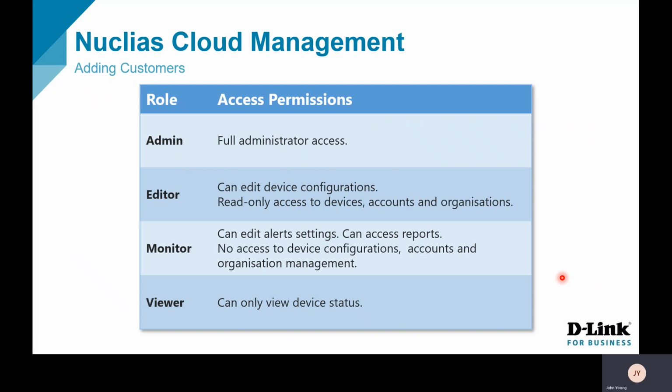The first one is admin, which means you have full control of the devices. Next, editor can do everything, but cannot add or delete APs or the license. Then followed by monitor, who cannot see all the settings, but can see all the alert settings and access the reports. And lastly, we have the viewer, who can only see the device status.